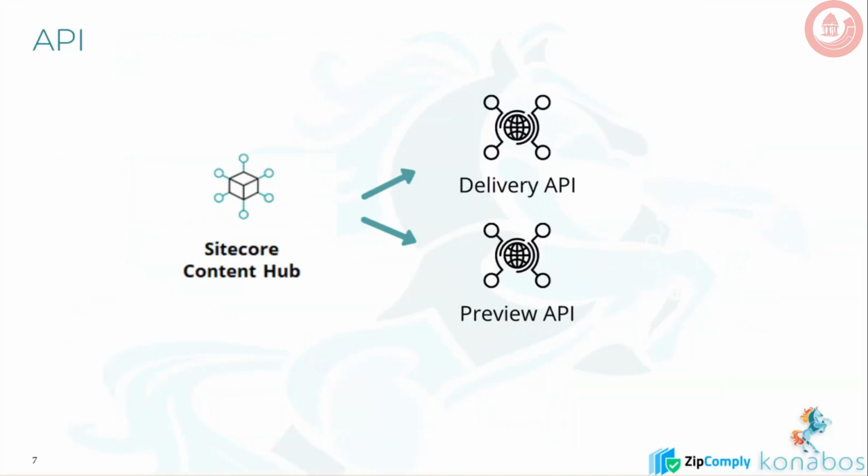The delivery API has everything you published from Content Hub, whether it went through workflow rules or however it did, and ended up in the final state, ready for consumption by your consumer. Everything which is pending, currently in a different workflow state or not final, along with everything else, is viewable by the preview API. So you have access to both of them.